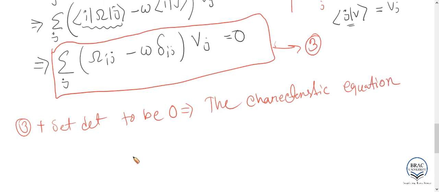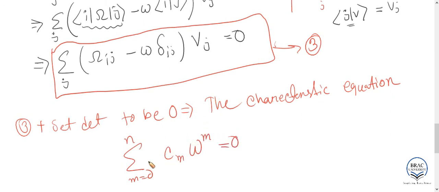And this is given by the following. Oops, sorry, I shouldn't have used j because that is a bit confusing. So let me use another index. The characteristic equation will be given by a sum where m is the dummy index and n is the number of dimensions that we're dealing with, that is the dimension of the vector space, and this will be equal to 0.